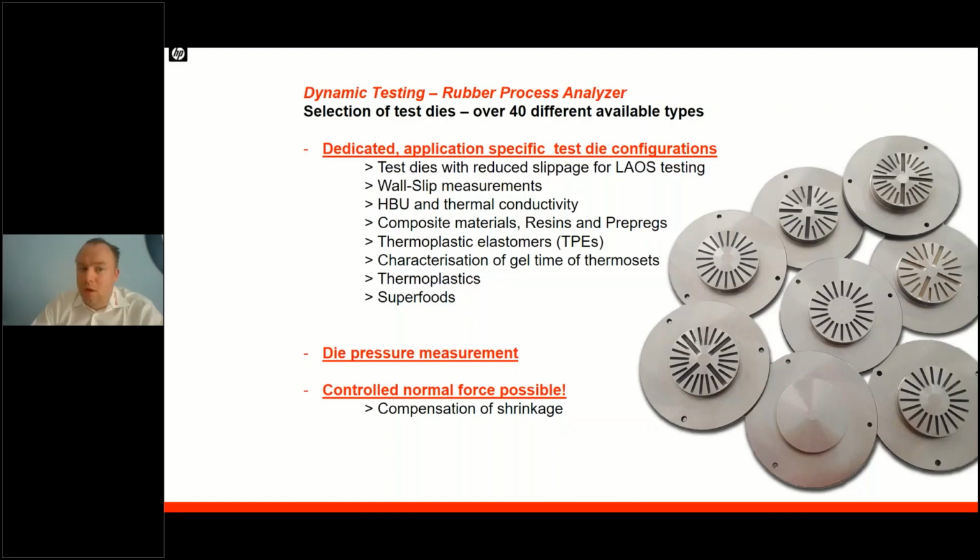This is not only suitable for rubber materials, but also, of course, for thermoplastic materials, thermosets, and our new application group, food, which can also be tested with rubber process analyzers. This system is complemented with our unique die pressure management measurement and control system with a controlled closed loop normal force, not only controlling the die gap, but closely controlling the normal force on the sample.